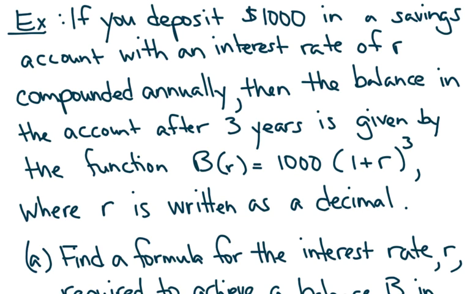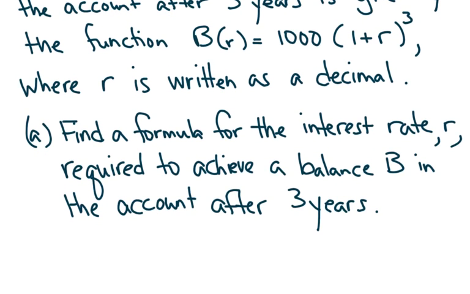So in this last example, if you deposit $1,000 in a savings account with an interest rate of R compounded annually, then the balance in the account after 3 years is given by the function B of R equals 1,000 times (1 plus R) to the third power, where R is written as a decimal. Find a formula for the interest rate R required to achieve a balance B in the account after 3 years. In other words, they want us to solve this equation for R.